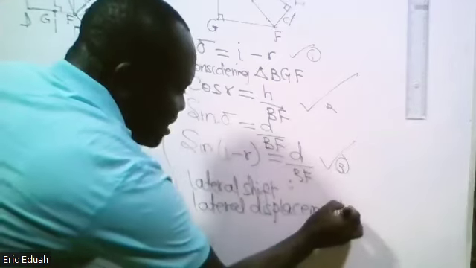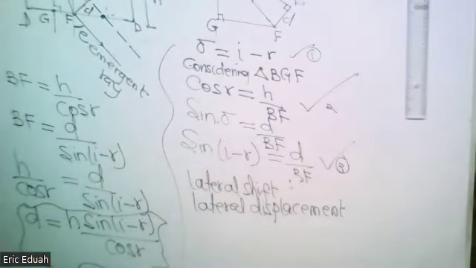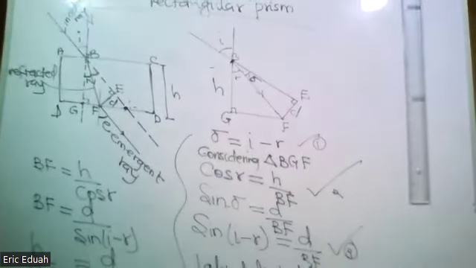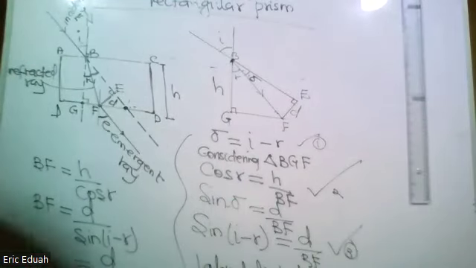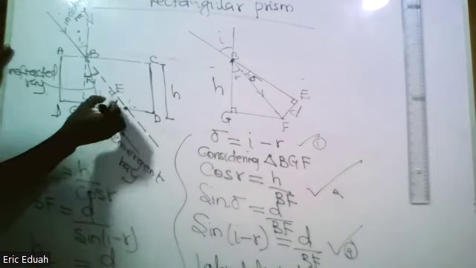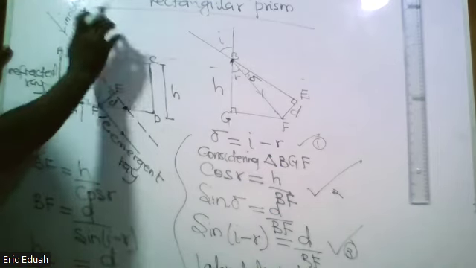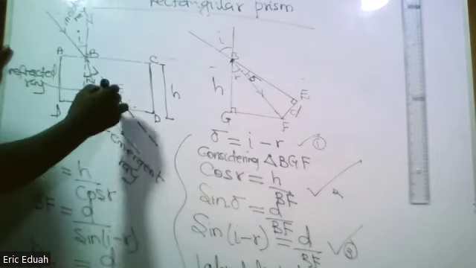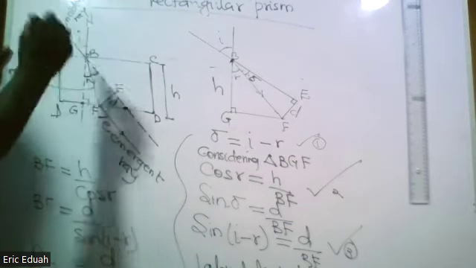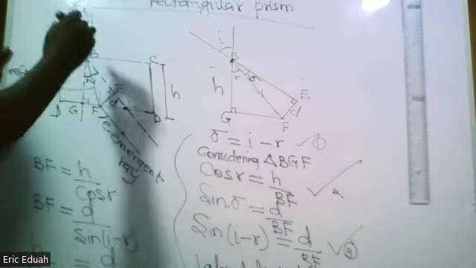Originally, the incident ray is supposed to just go straight, but because of the varying densities, its path is shifted to BF.